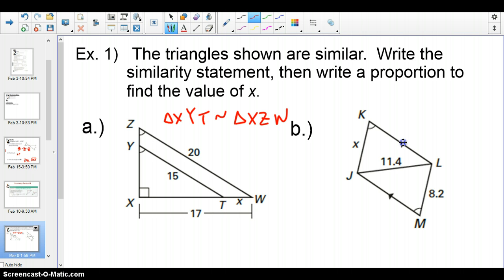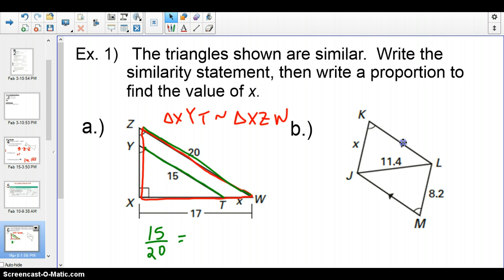If you notice in this big triangle here in red, these two sides here are proportional and they're corresponding in green. So I know that 15 must be to 20, just like 17 minus x must be to 17.